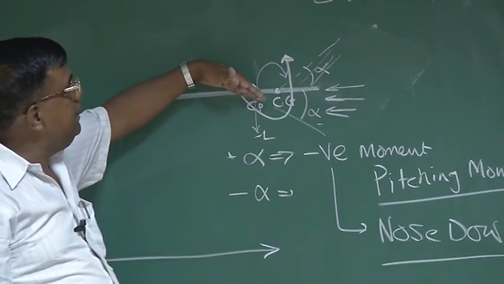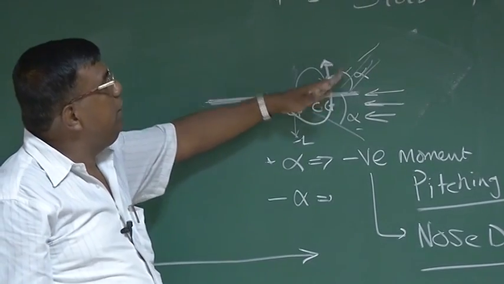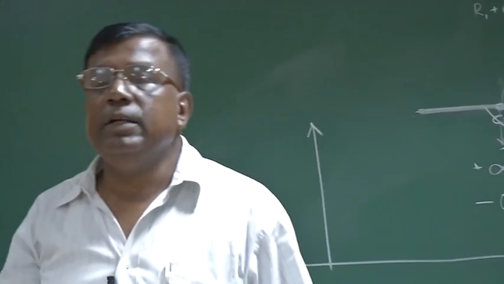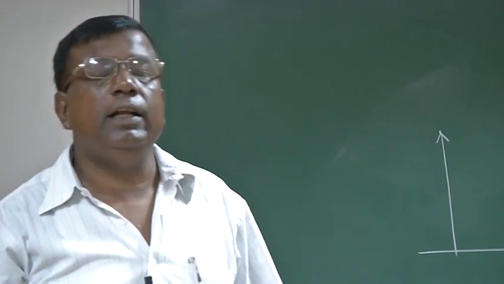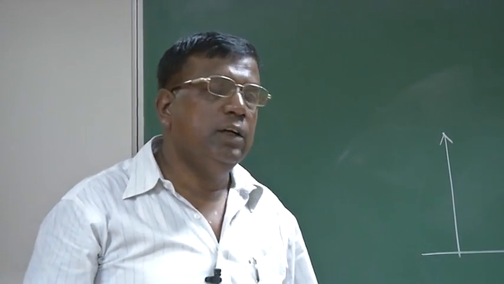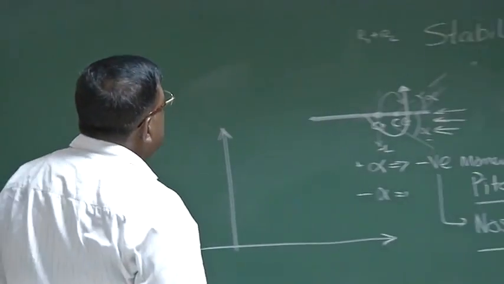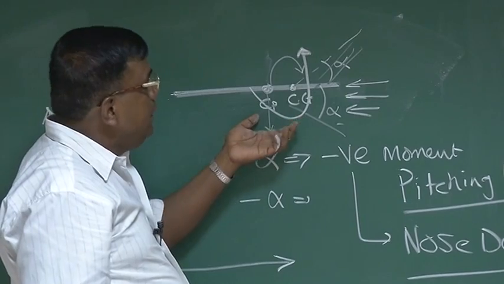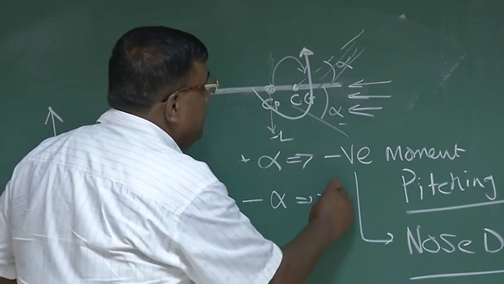So again you see it has an initial tendency to ensure that this alpha goes to 0, the disturbance goes to 0. So again we have come down to a static stability case. For a negative alpha, it should generate a positive pitching moment.